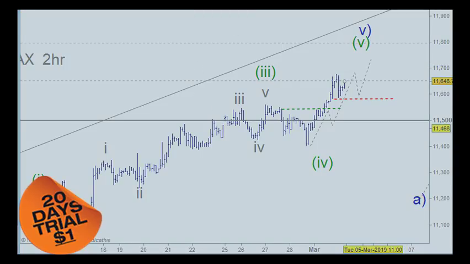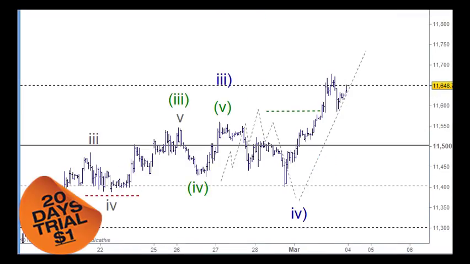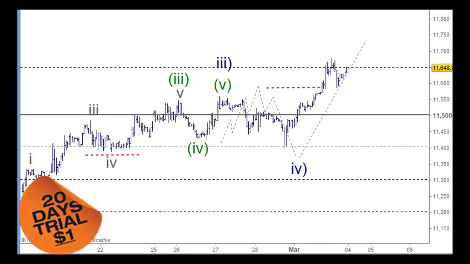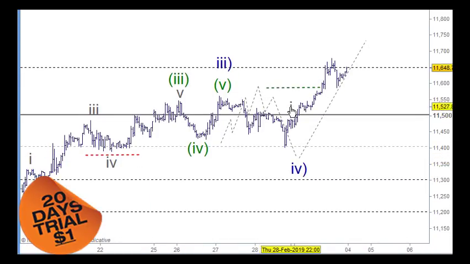But let's go into the hourly chart and just check that here. And of course the other European markets will be doing much the same here as well, and this is also in line with the US markets as well. I'm just going to go into an intraday and double check this here as well.